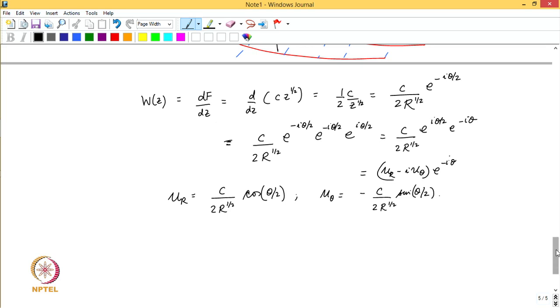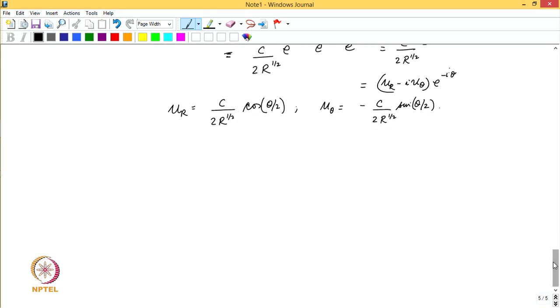So, how do we determine the direction of flow? Well, again we go back to the same way of looking at how these functions vary with angles. So, if I look at the range of theta, say going from 0 to pi, in this range u theta would always be negative, because u theta has a minus sin theta by 2, and so between 0 and pi, theta by 2 will go from 0 to pi by 2, where sin is always positive.